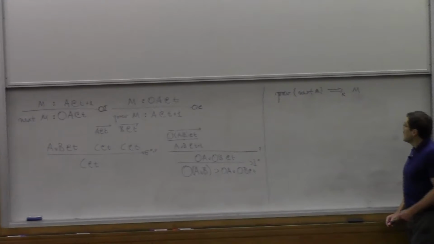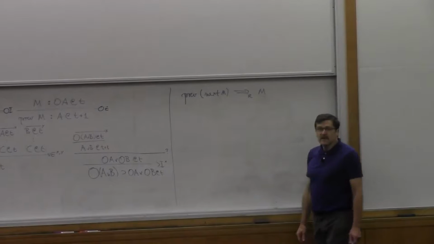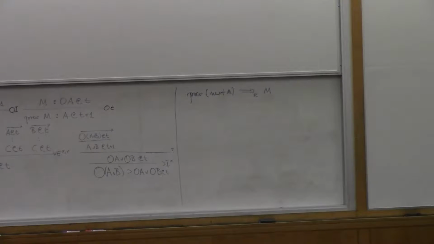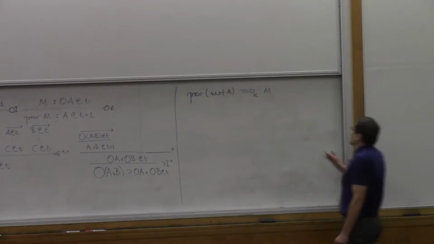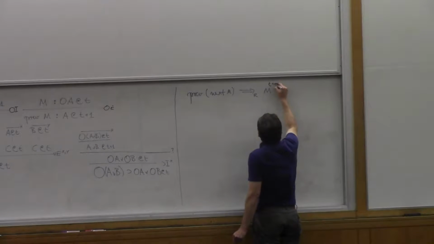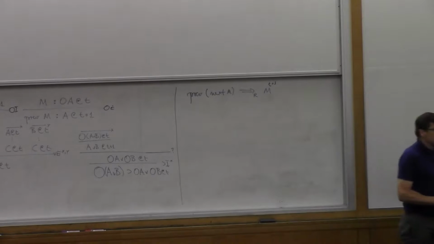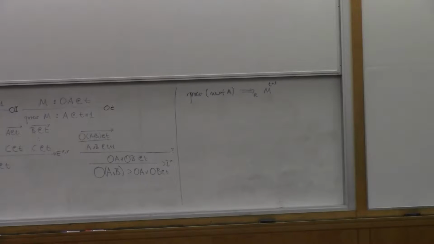All right. By the way, what time does M live at? If we record with each term what time it lives at, what time does M live at? T plus 1. Okay? So what's interesting is the reduction rule gives you a term that lives at time t plus 1.